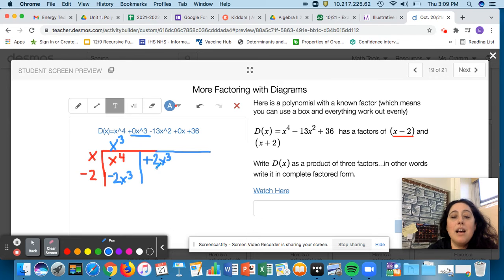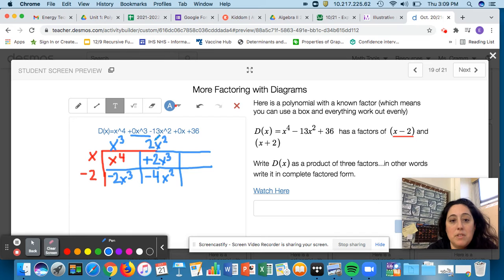So x times 2x squared gives me 2x to the third. Now the bottom: negative 2 times a positive 2x squared gives me a negative 4x squared.